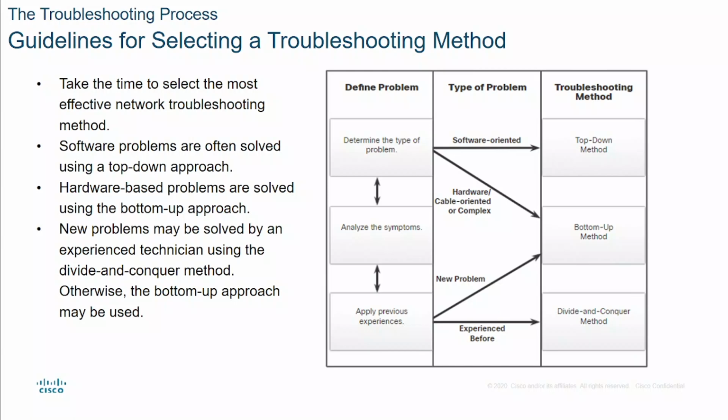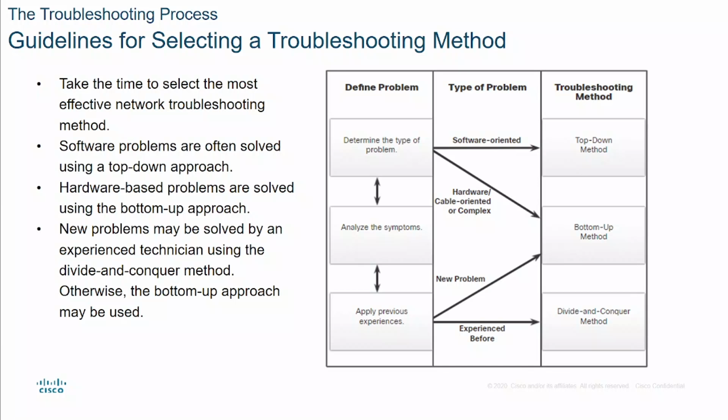Software problems are often solved using a top-down approach. Hardware-based problems are solved using a bottom-to-top approach. New problems may also be solved by an experienced technician using the divide and conquer method. Otherwise, the bottom-up approach may be used.